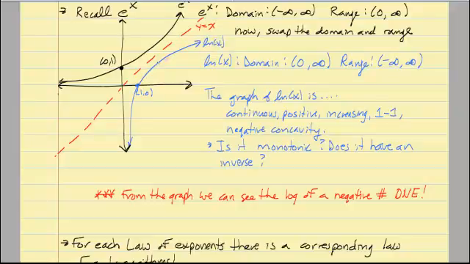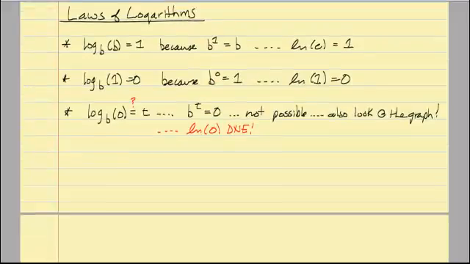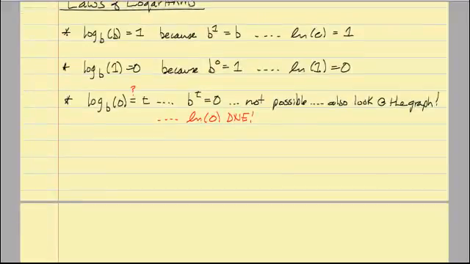And if you look at that graph, I don't ever touch the y-axis, so there's no way that can be defined. So again, that's a kind of a trick. A lot of times people like to say, oh, the natural log of 0 is e, or the natural log of 0 is 1, because of these relationships up here. But the natural log of 0 is actually undefined. It does not exist.